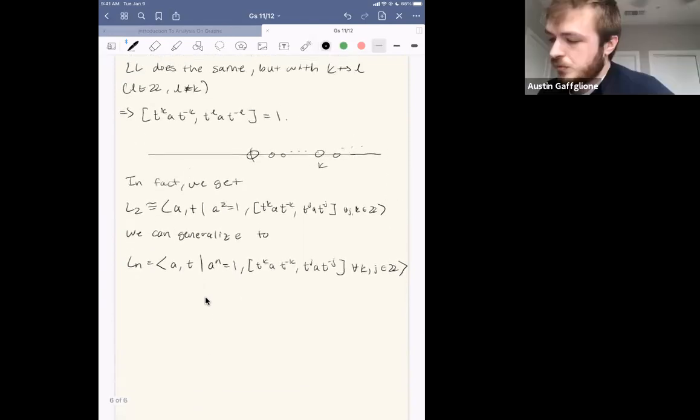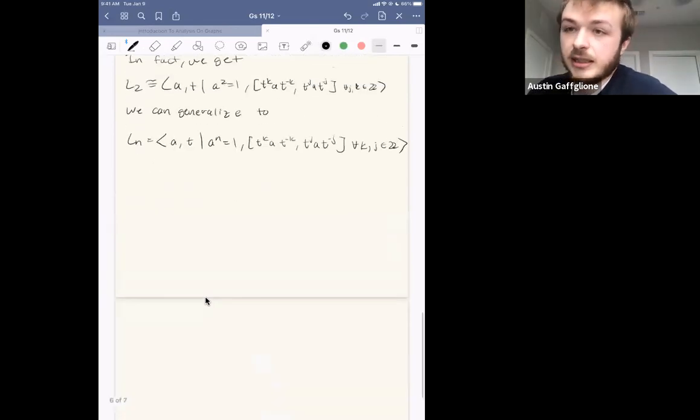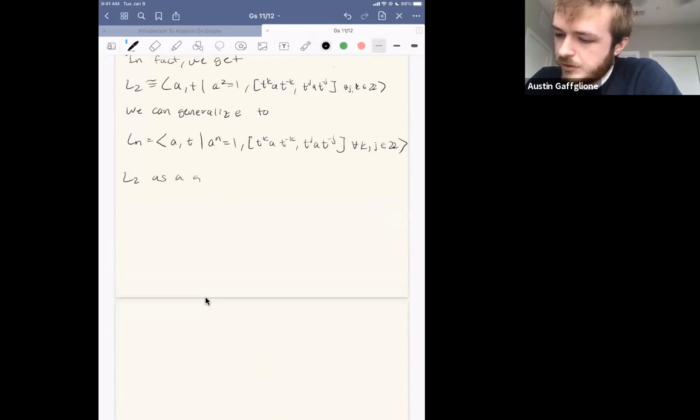Okay. So we can also represent L2 as a group of 2x2 matrices. So L2 is a group of matrices.